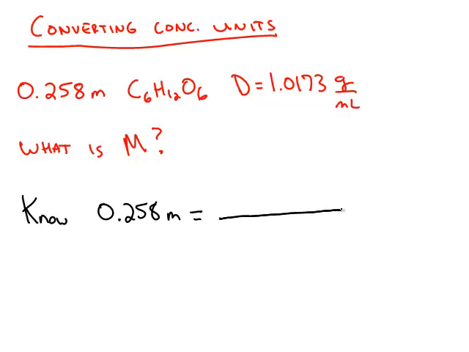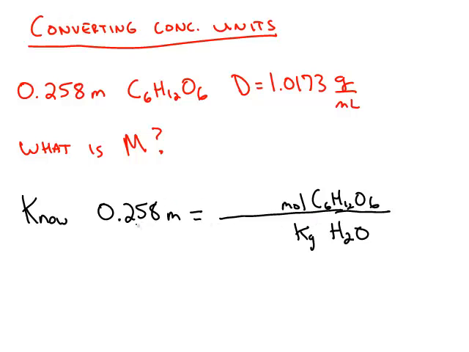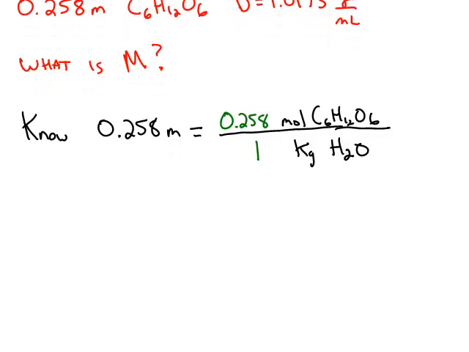And we write that not just as 0.258 mol, but in terms of the definition, which is moles of the solute, glucose, divided by kilogram of the solvent, and the solvent is understood to be water if it's not specified. So we can choose whatever numbers we want to make this fraction equal 0.258. And the easiest number to choose is 1 in the denominator, which makes the numerator 0.258. That's the fraction that we know.